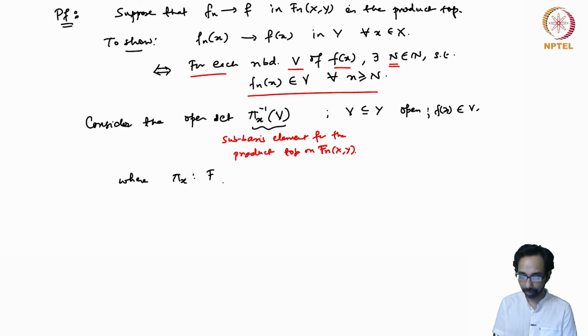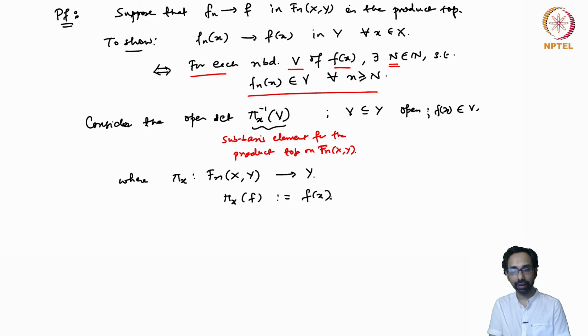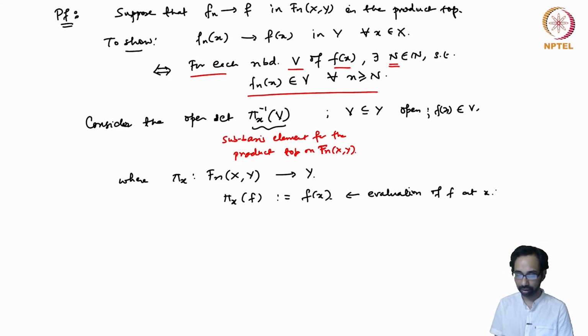So this is a map from Fn(X,Y) to Y, where it takes a function f, for any function between X and Y, and pi_x of f is defined as f(x). So it is just the evaluation map at x, the evaluation of f at x. This is how we define pi_x.